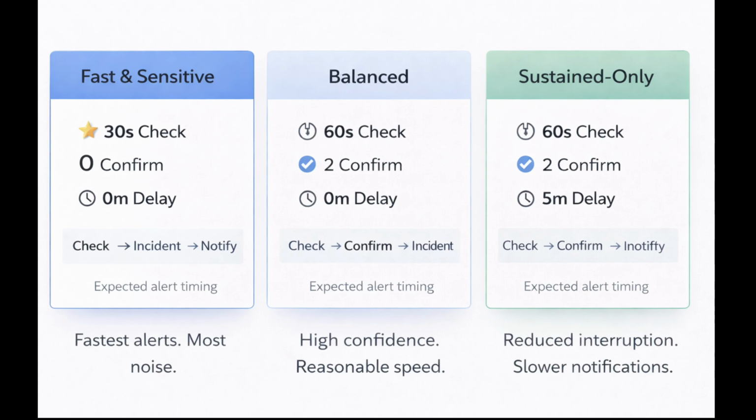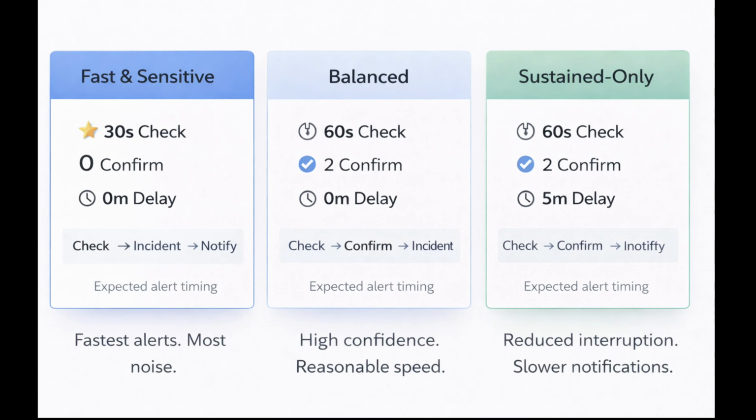So the question remains, when should we use each different setup? Say you have a checkout page. You're going to want to go for fast and high confirmation. A marketing microsite, balanced or sustained only. Monitoring is not about speed alone, it's about signal quality relative to importance.